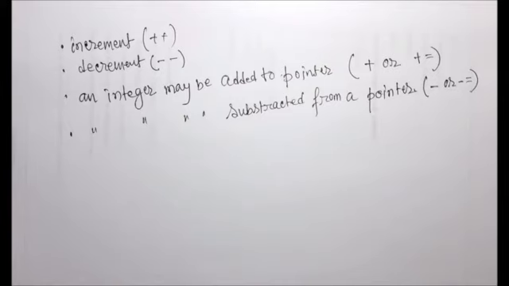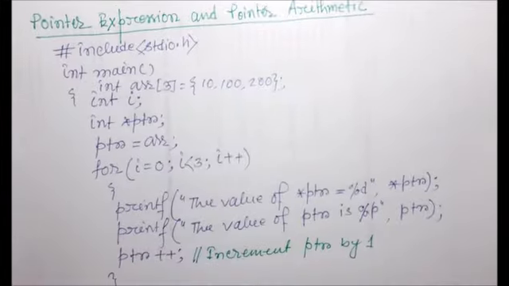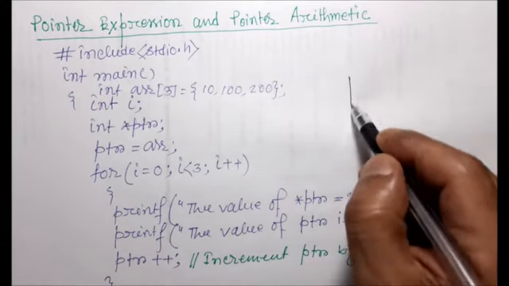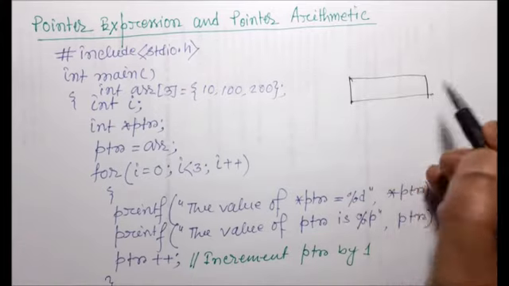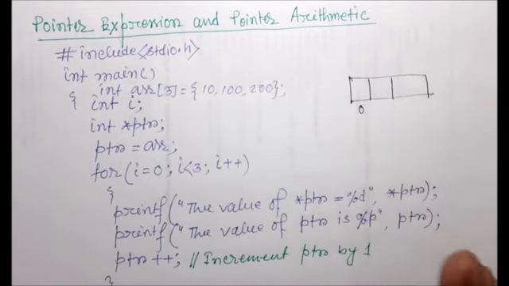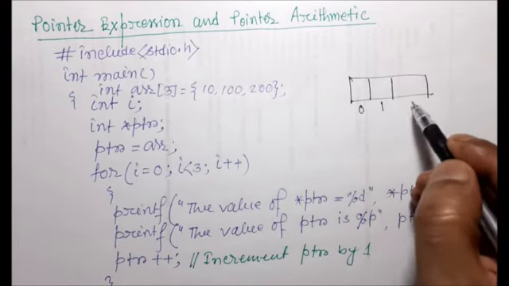So, let us take a simple example where I have taken three array elements. Okay. The size of the array is 3. We know that the array index starts from 0, so that is 0, 1, 2.